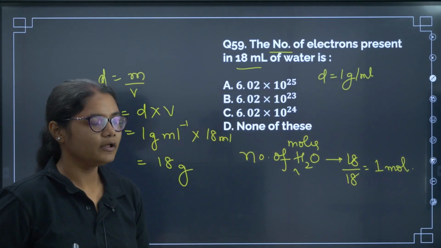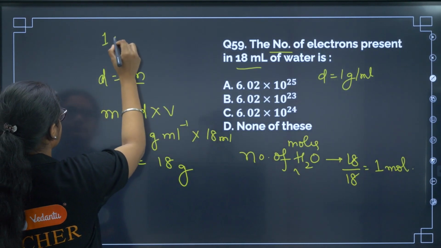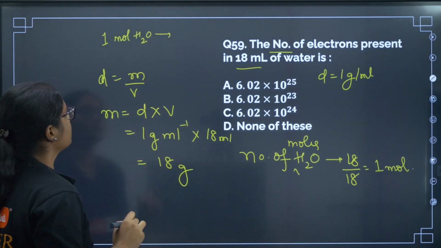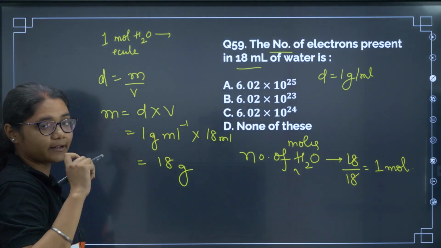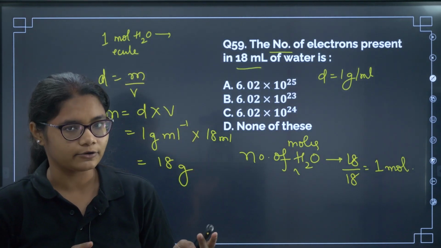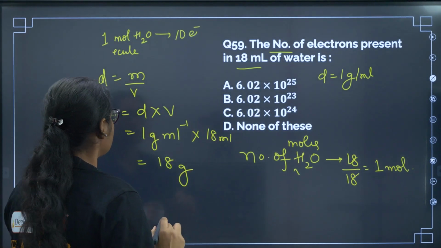Right, that is 1 mole. Now you see here, in 1 molecule of water, how many electrons are there? 8 electrons are there in oxygen, and each hydrogen has 1 electron. So I can say total 10 electrons are there in 1 molecule.